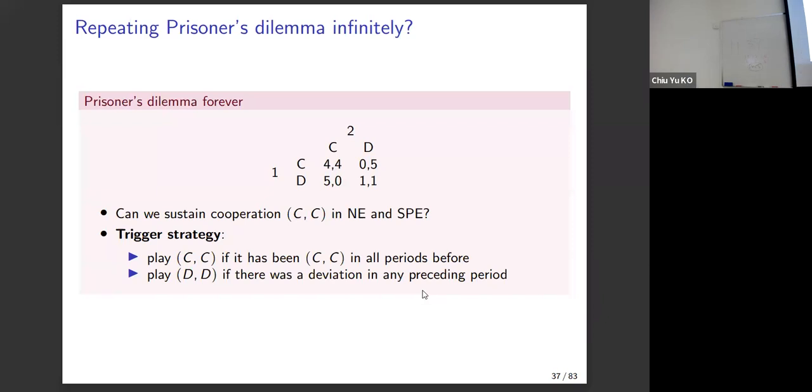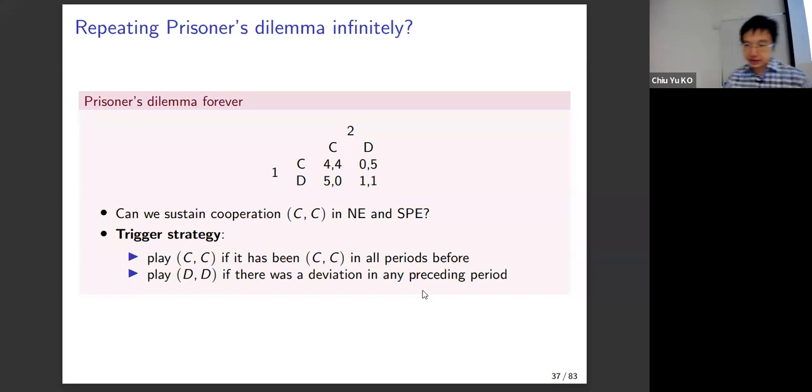So how to sustain it? It's what we call, if you imagine this is repeating forever, okay? And probably the first question you ask, before we even solve the model, is what do you mean by infinite? What do you mean by playing this game infinitely? The question is not that difficult.